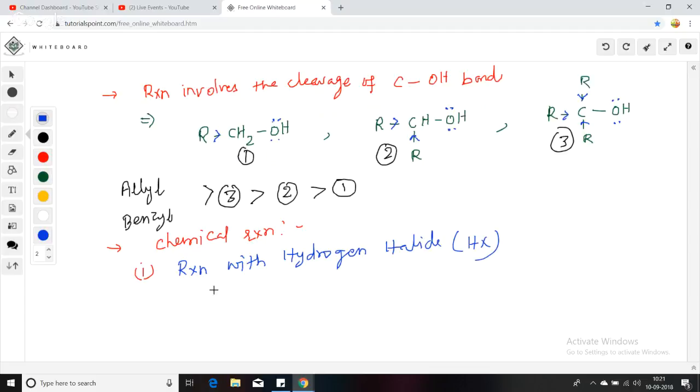The reactivity order in this: HI is most reactive, then HBr, HCl, and HF. HI is most reactive because iodine is the best leaving group. That's why the order is this. Down the group, if you go, the leaving nature is increasing. So iodine is the best leaving group here.